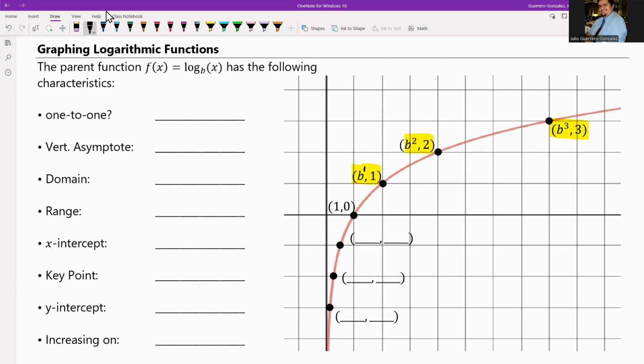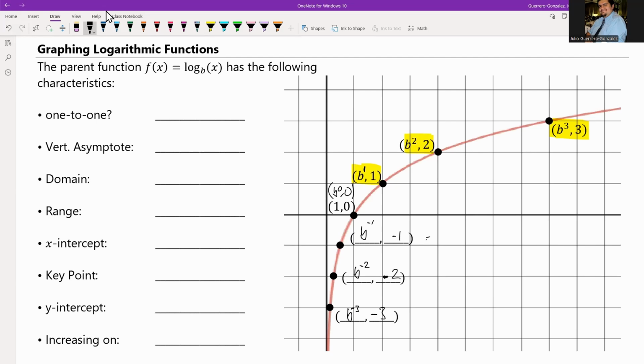Hopefully you guys remember where this one came from. This is going to be b to the 0, comma 0, and b to the 0 is always 1, from section 4.1. The pattern continues after that. So right here, I'm going to go ahead and do -1, -2, -3 on the y's, but then this is going to be b to the -1, b to the -2, b to the -3.